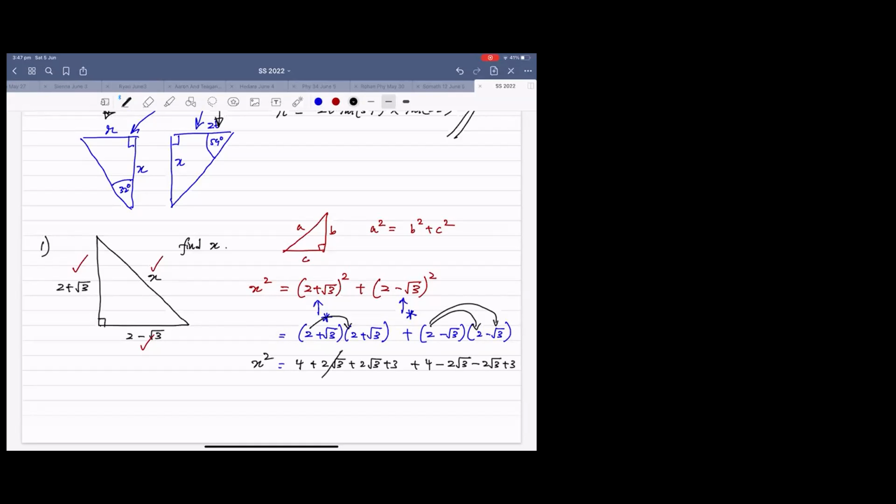Now you can see 2 square root 3 goes with minus 2 square root 3. Plus 2 square root 3 goes with minus 2 square root 3. Then what is left is 4, 3, 4, 3. So 4 plus 3 is 7. 7 plus 7 is 14. Okay. So x squared is 14.